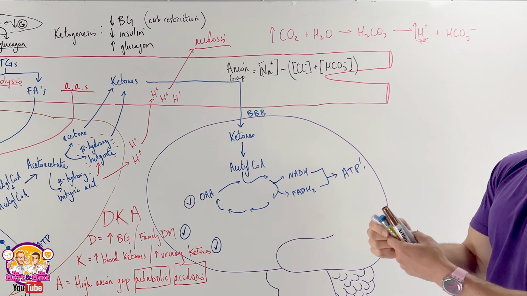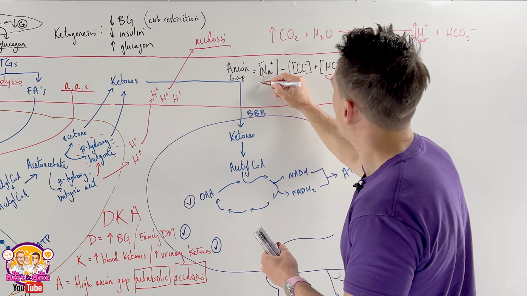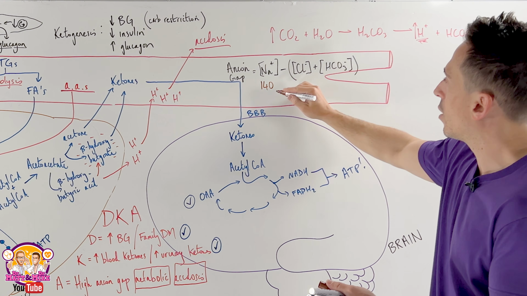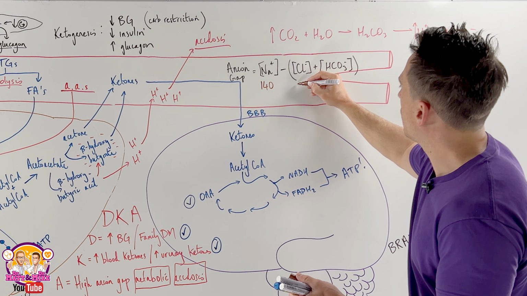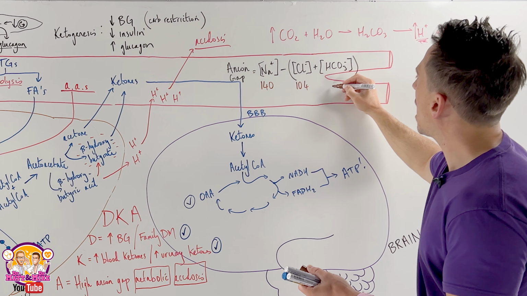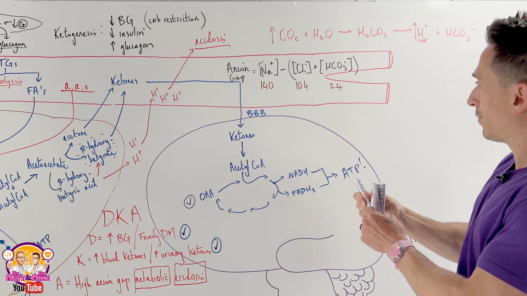Now, if we were to look at the normal anion gap, sodium is going to be at around about 140 millimoles per litre, or milliequivalents. Chloride's going to be at around about 104, and bicarbonate's going to be around about 24.